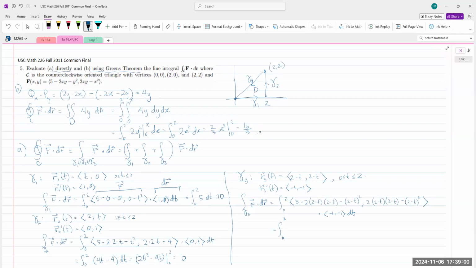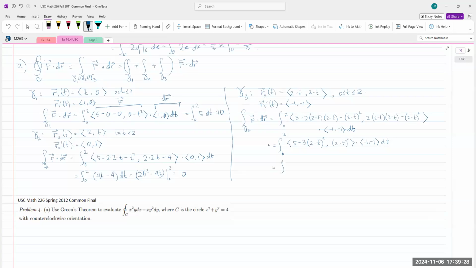So after the dot product, let me simplify a little bit. This is (5 minus 3 times (2 minus t) squared, (2 minus t) squared) dot (negative 1) dt.